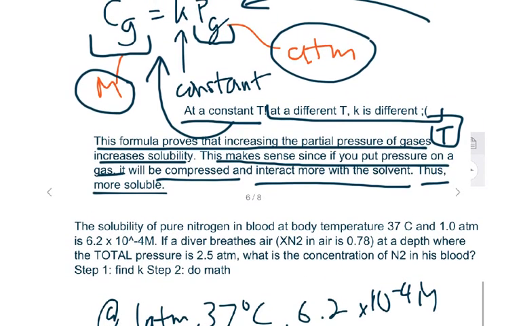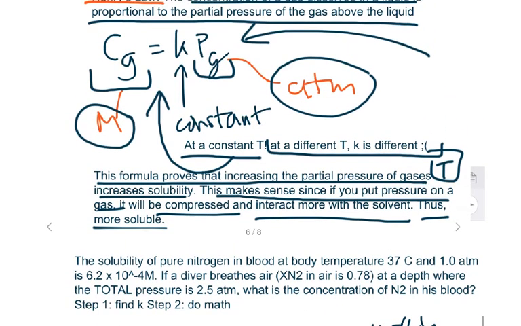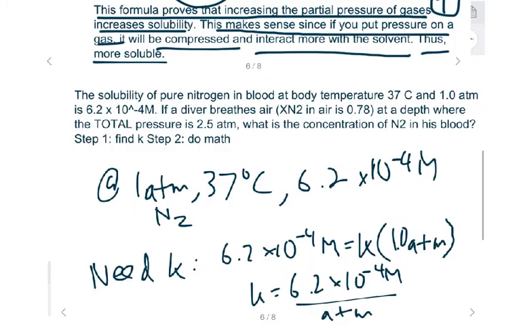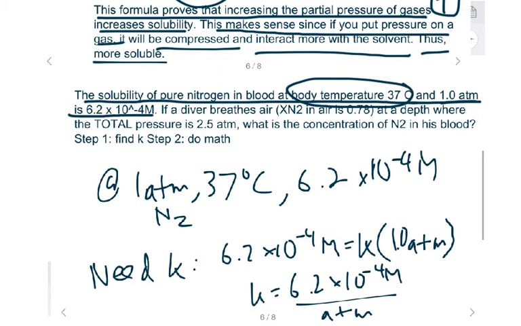So, we are going to use this equation in a problem that involves nitrogen in the human body. The solubility of pure nitrogen in blood at body temperature, 37 degrees Celsius, and 1 atm, is 6.2 times 10 to the negative 4 molar. So this is pure nitrogen at 1 atm, dissolving at 37 degrees Celsius.